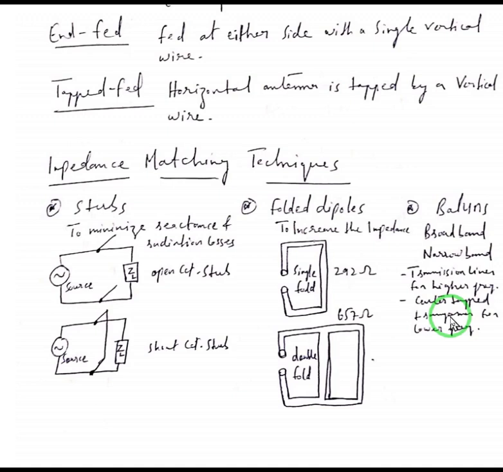Transmission lines are used for higher frequency and center tap transformers are used for lower frequency. For higher frequency or broadband antennas, transmission lines are used as an impedance matching device, and center tap transformers are used for narrowband and lower frequency devices in order to match the impedance of the source and the antenna.